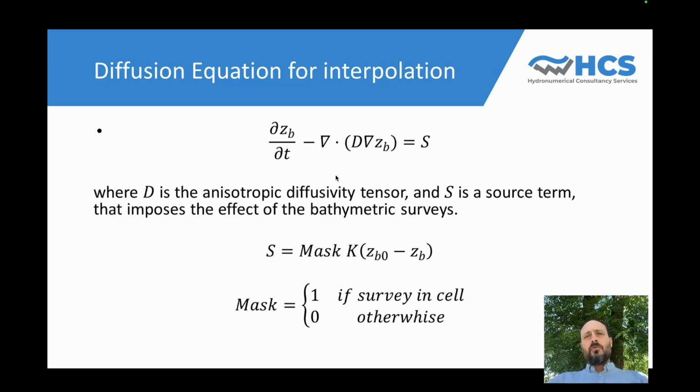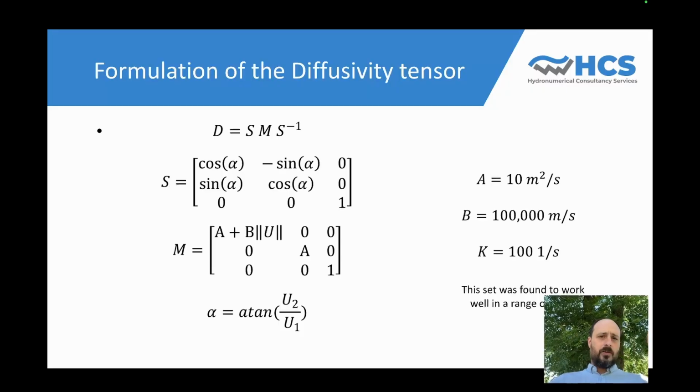And this diffusion we are applying is not a simple isotropic diffusion, constant in every direction, but instead is anisotropic. It's a tensor. So we create a tensor with two principal directions. The first one aligned with the velocity field, and the other one transversal to it.